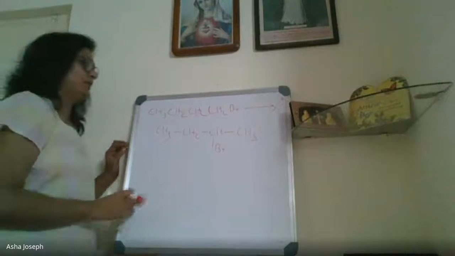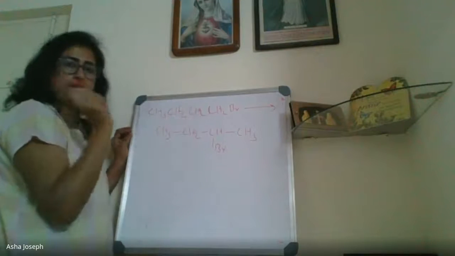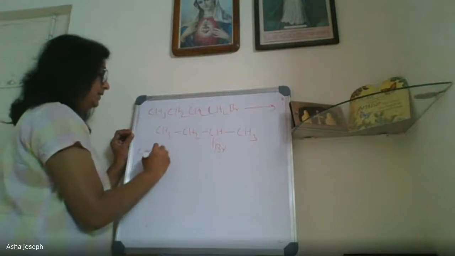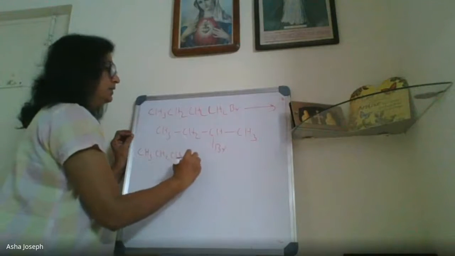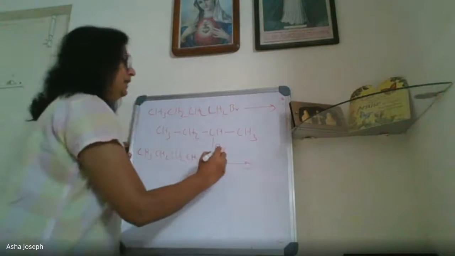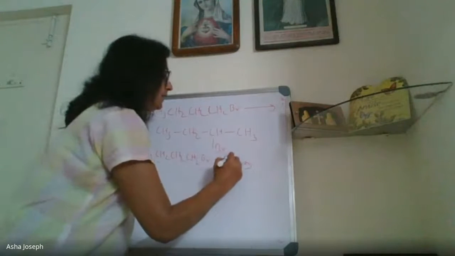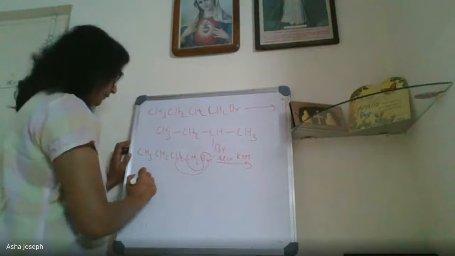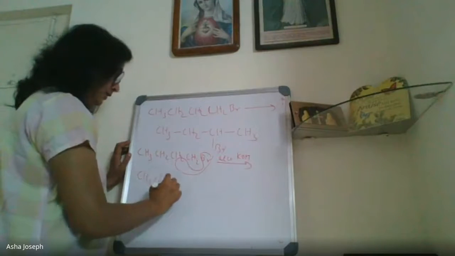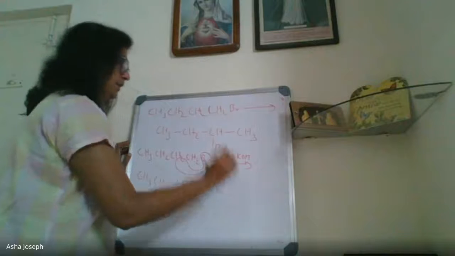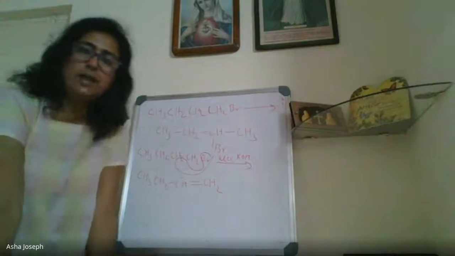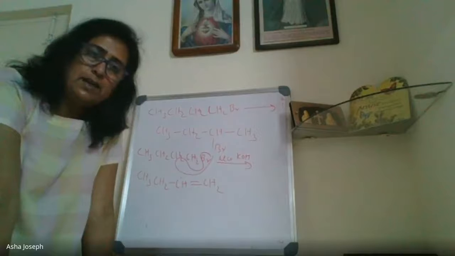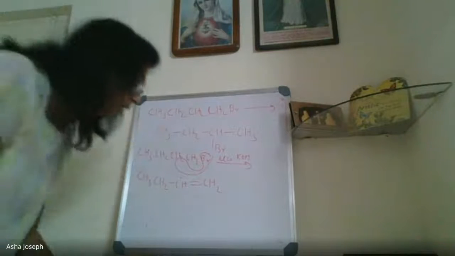Okay. So here, first we will eliminate. CH3 CH2 CH2 Br, elimination with alcoholic KOH or NaOH. So this is eliminated. Isn't it bromopropane? Propane or butane?